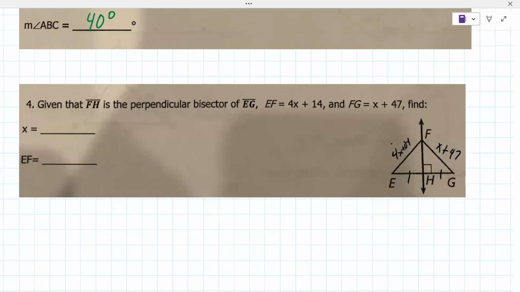So you can set them equal. So you're going to solve the equation. Go ahead and solve for x, please.